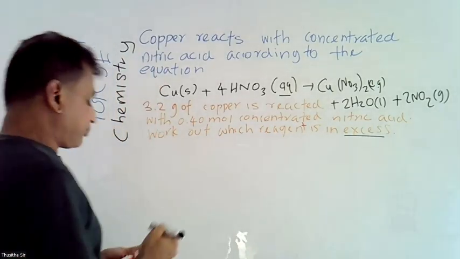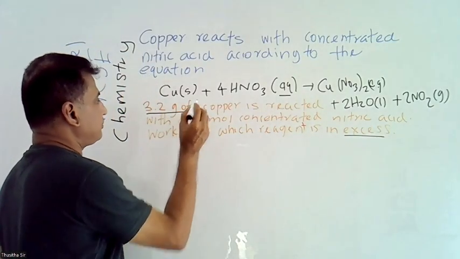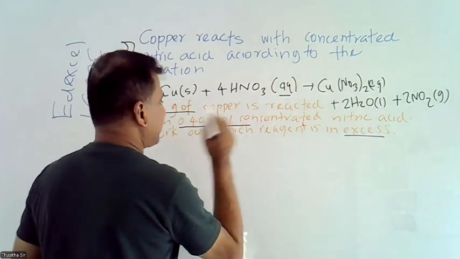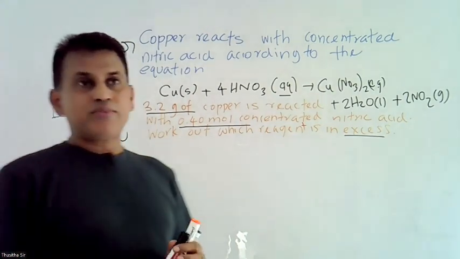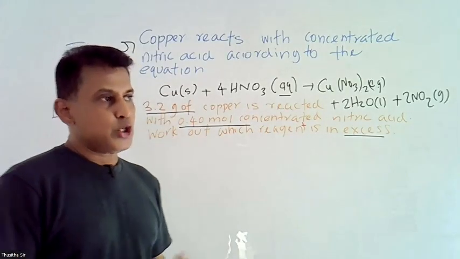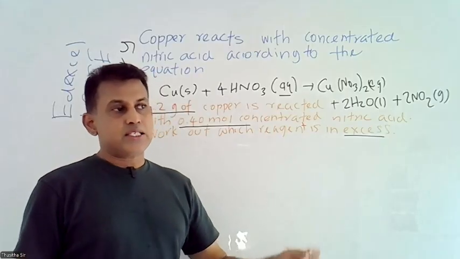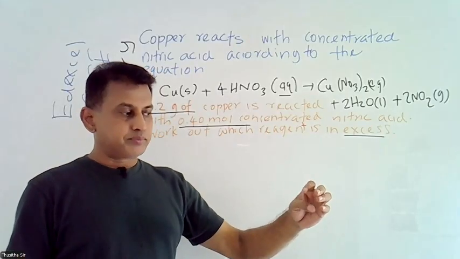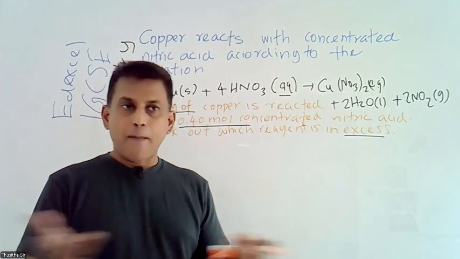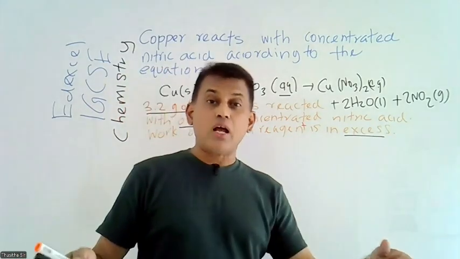First thing we have to do: 3.2 gram of copper is reacted with 0.4 mole concentrated nitric acid. The problem of this question is they are in two different units. When you want to compare anything that exists in two different units, for example, one is centimeter, one is meter, you can't compare the numbers because the units are different.